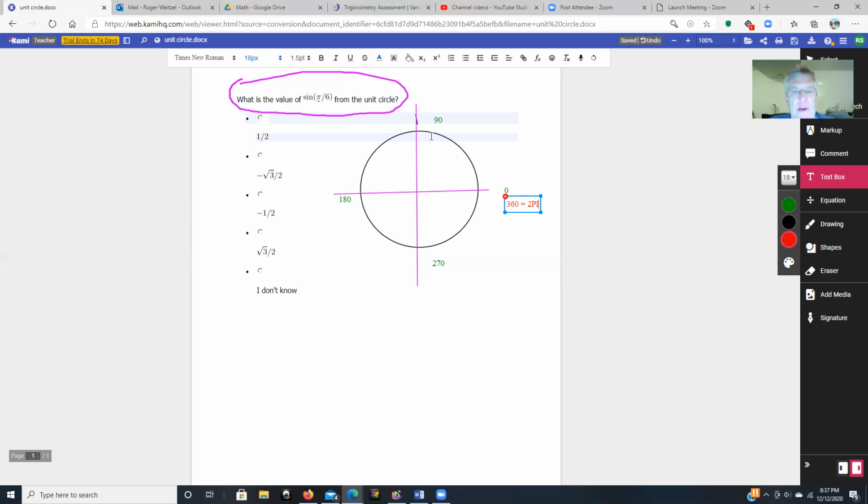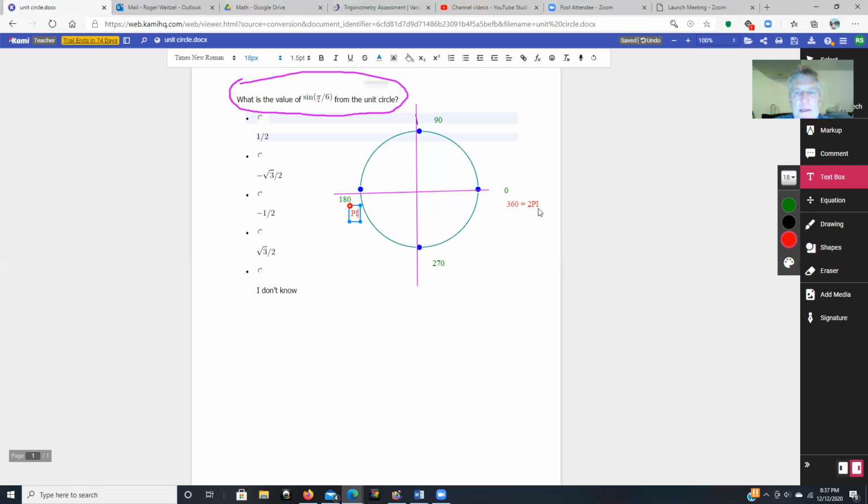And we're just going to divide this circle. 360 divided by 2 is 180. 2 pi divided by 2 is pi. So we're just going to put pi over here. 360 divided by 4 is 90.